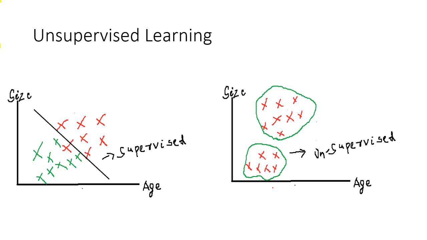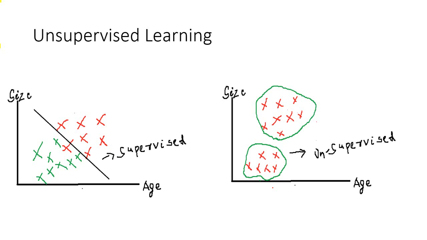In the first graph that you can see on the screen, I have plotted the supervised learning case, wherein we have been given whether the cancer is malignant or not. If it is a red cross, then it's a malignant cancer. If it is green, then it's not a malignant cancer.